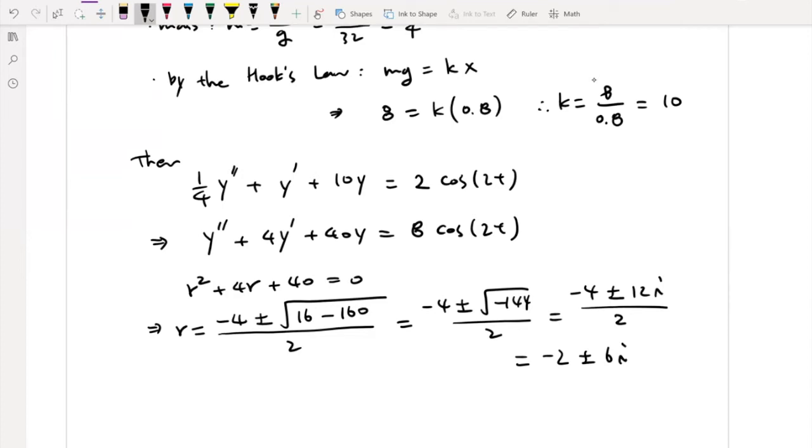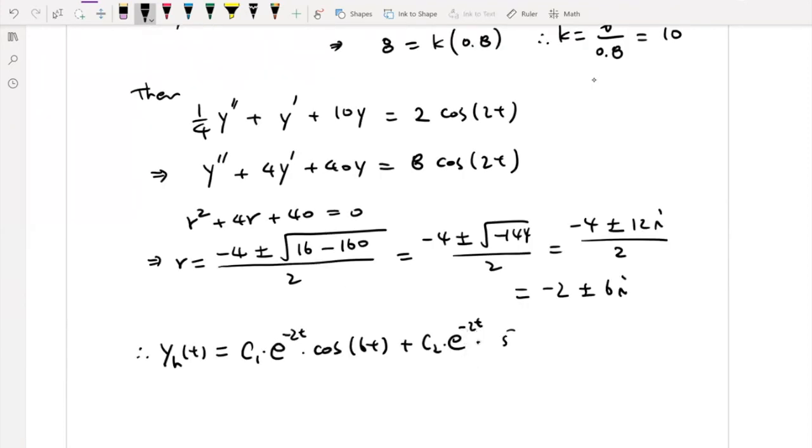Okay, so here we go. y is equal to c1 times e to the negative 2t times cosine 6t plus c2 times e to the negative 2t times sine 6t. That's it. This is my solution for the corresponding homogeneous equation, okay?